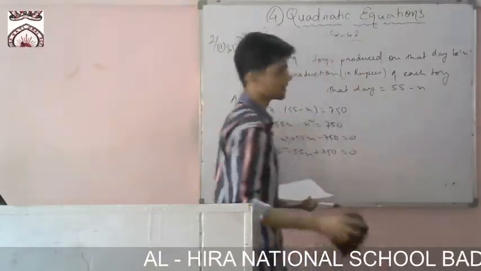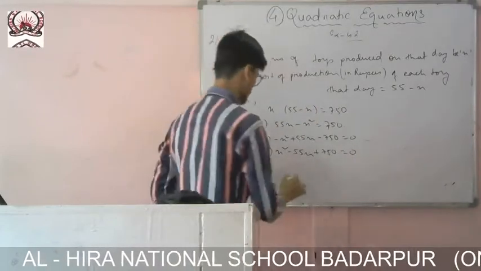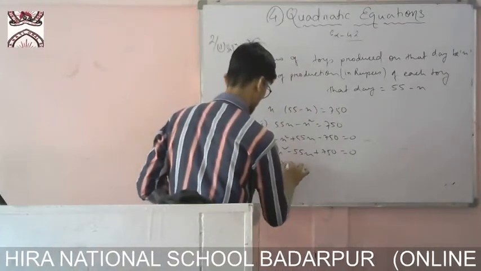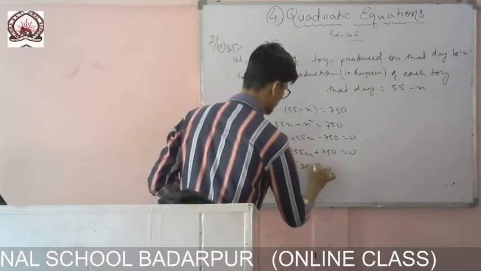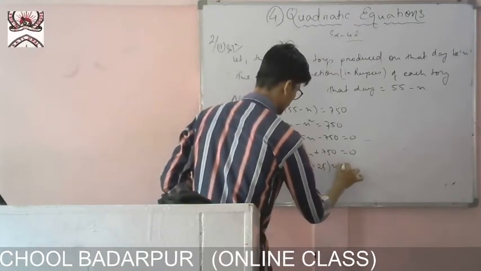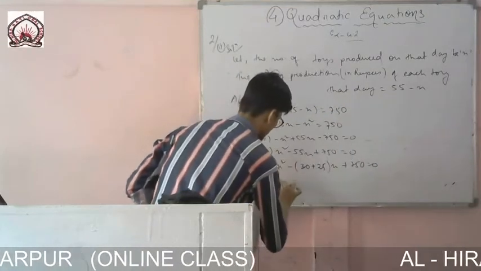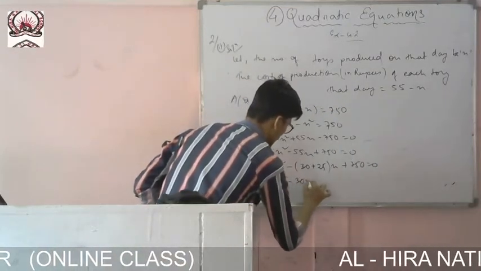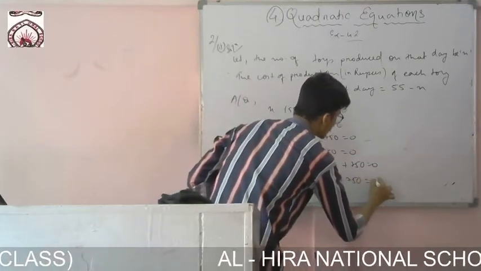I know this, that's why I have done it directly. If you do a problem, you take out the LCM and then arrange the terms. So x square minus 30x minus 25x plus 750 equals 0.